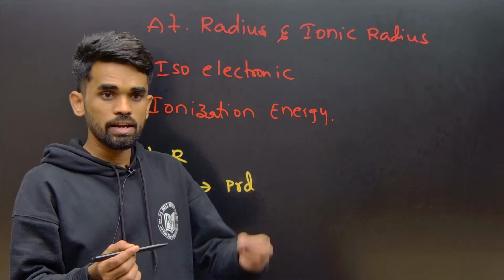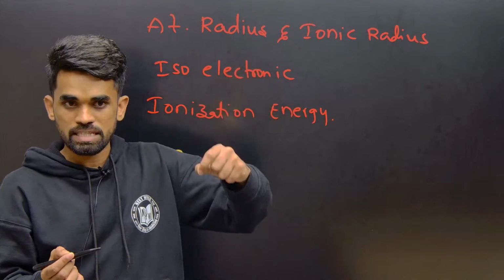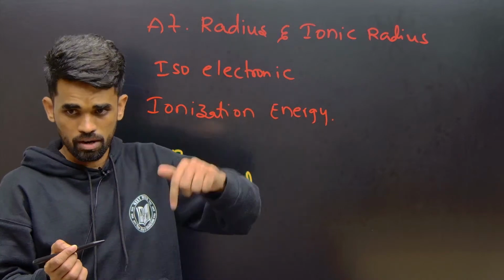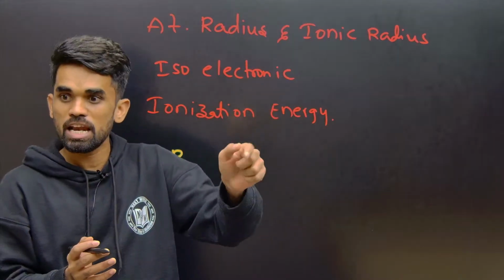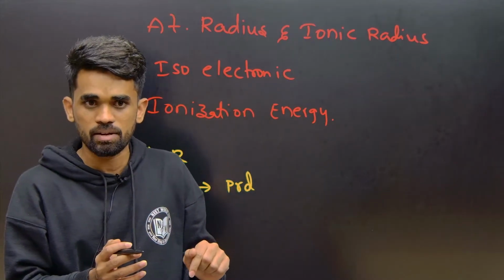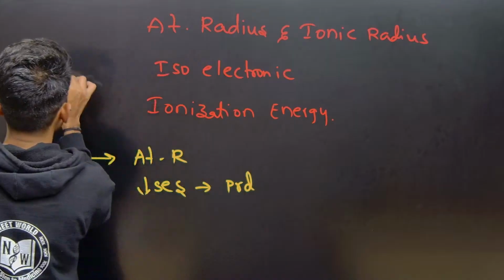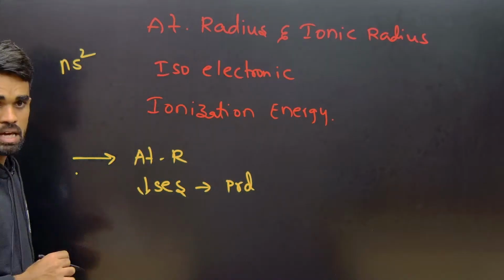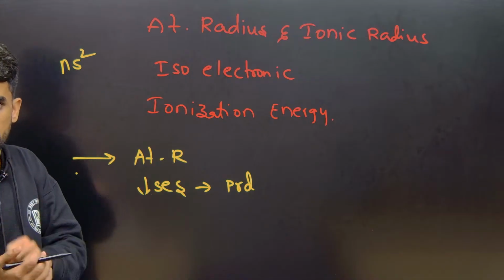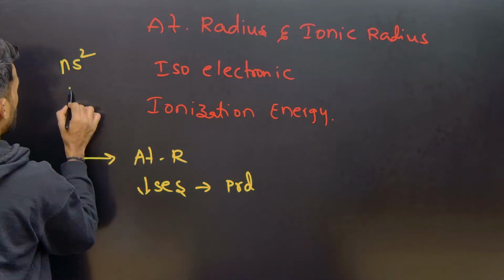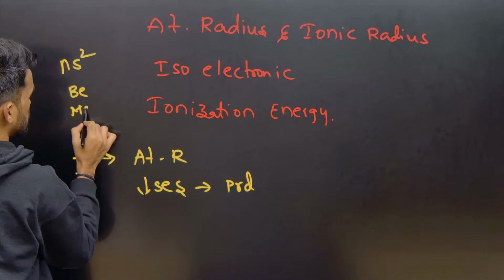The new incoming electron is entering a new nth level; the shell number is increasing. We write ns2 as the general electronic configuration for a particular group, for example the second group of elements like beryllium and magnesium.